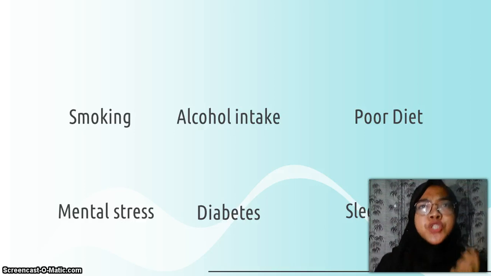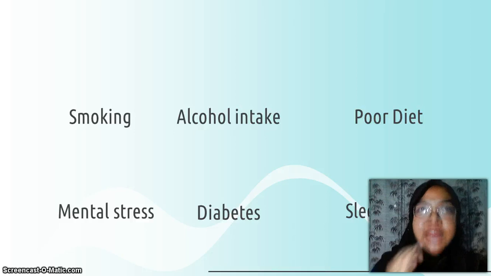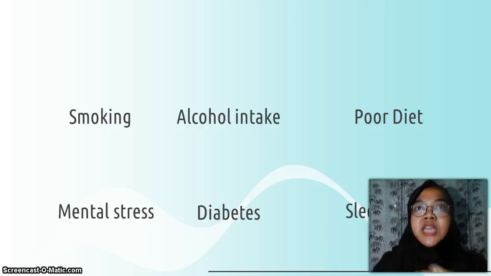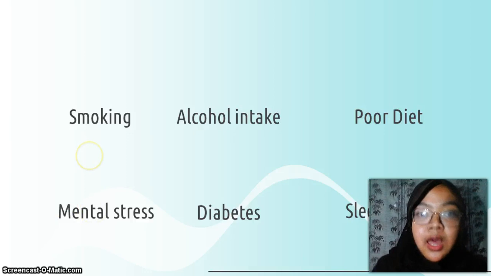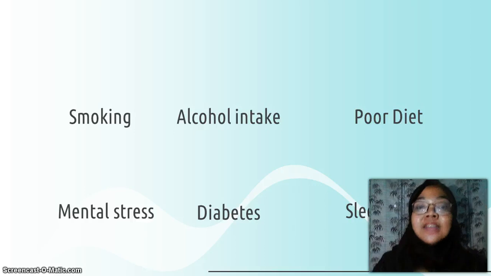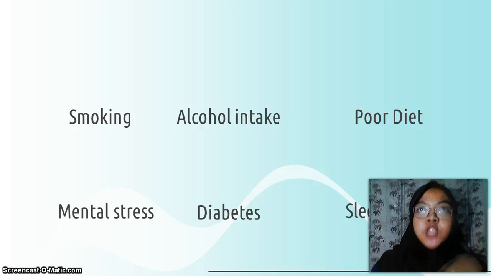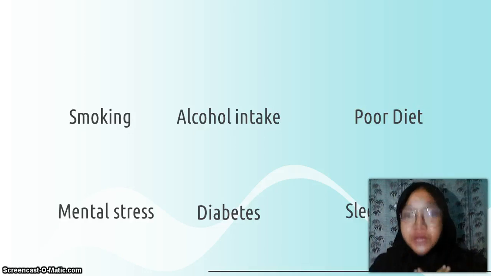Smoking also reduces the blood oxygen content, so the heart pumps faster to compensate, causing an increase in blood pressure. And then alcohol intake. Drinking an excessive amount of alcohol can dramatically raise blood pressure and increase the risk of heart failure, stroke, and irregular heartbeat.